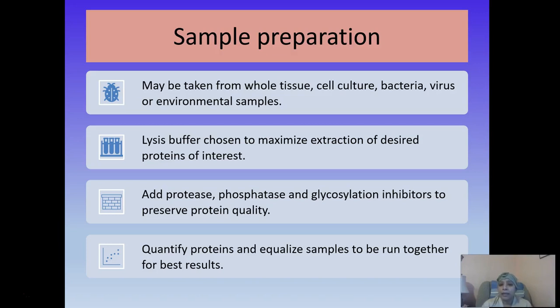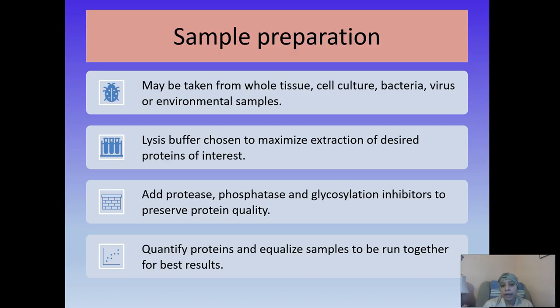And then based on what we want to do with it down the line, if we are interested in preserving its activity or its post-translational modifications like glycosylations or phosphorylations, so that we can monitor their change in different conditions or under different time points or different drug uses, then we would want to add phosphatase and glycosylation inhibitors to our lysis buffer as well to preserve the quality of our protein.